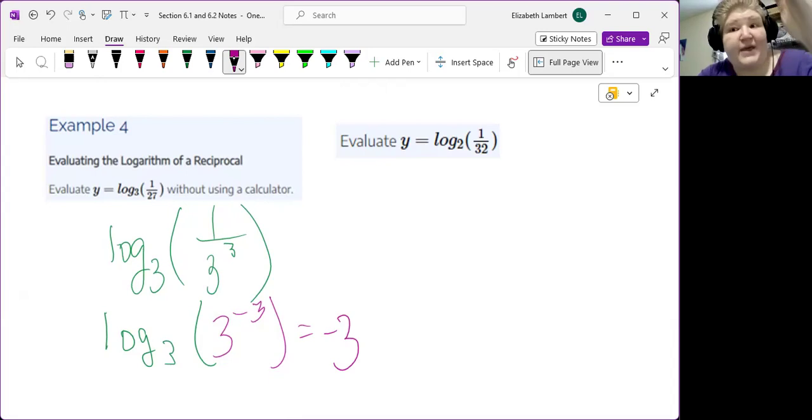I'm not having to remember that question. I'm just having to remember, what does a log do? A log undoes exponentials. So same thing over here, log base 2, 1 over 32. 32 is a power of 2.